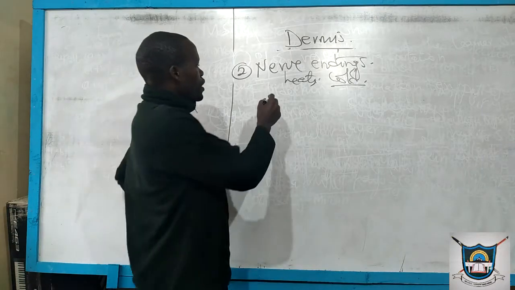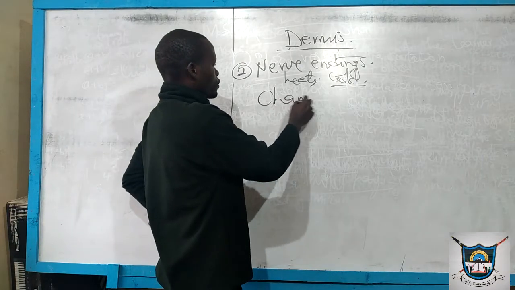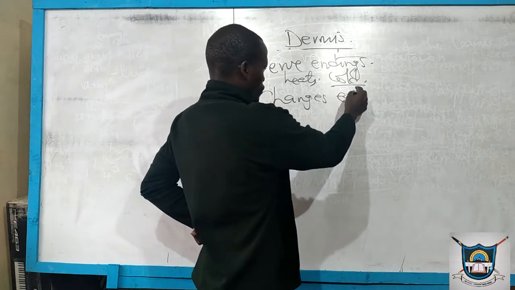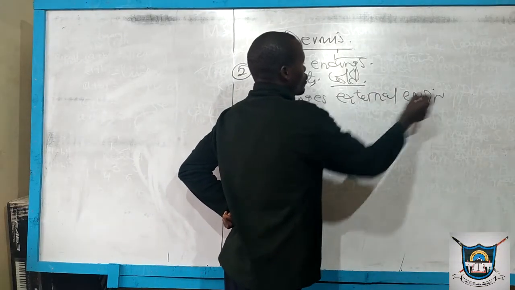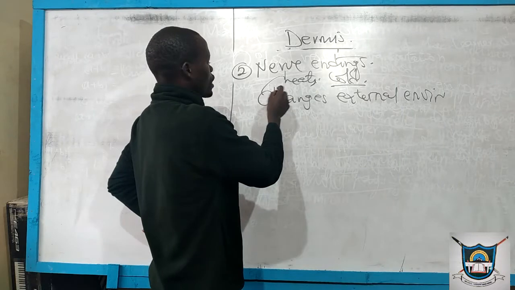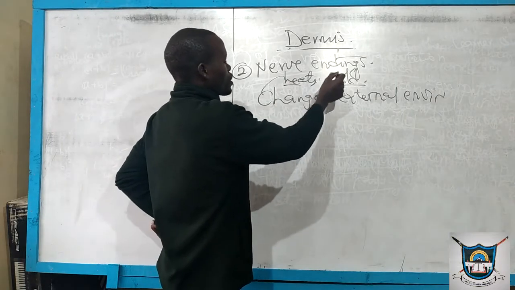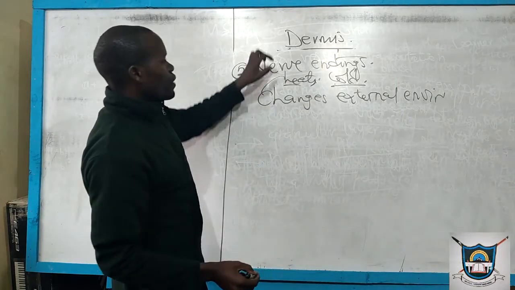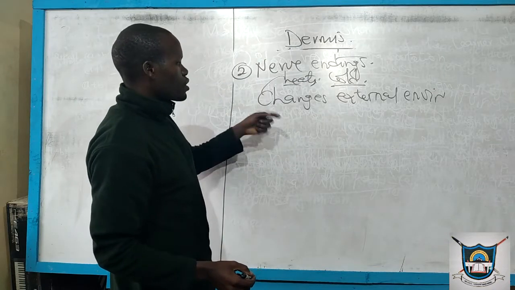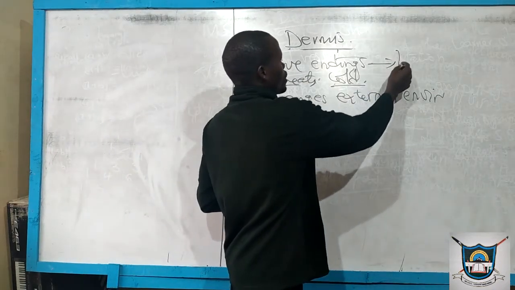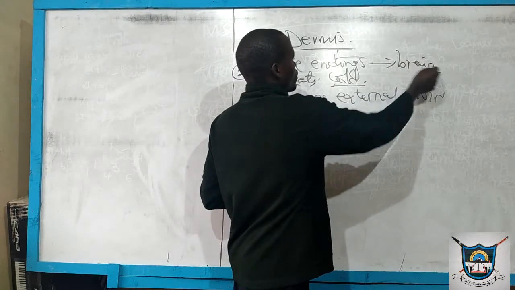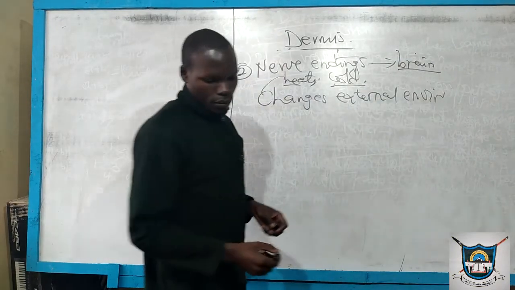Again, the changes in the external environment, which comprise the changes in heat or the changes in cold, are detected by the nerve endings, and once these are detected, the message is sent to the brain for interpretation.